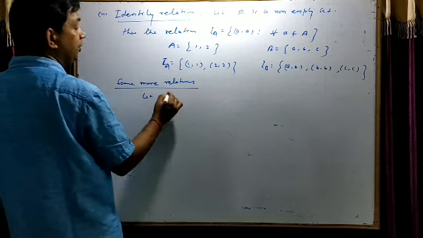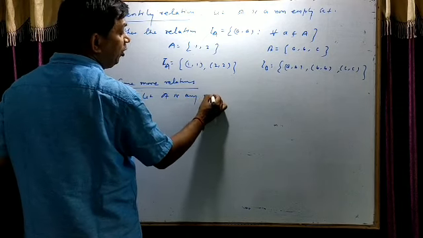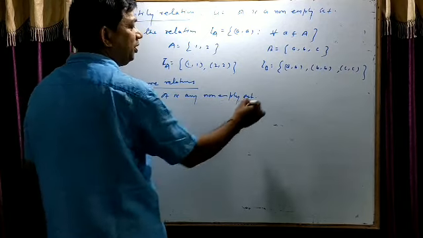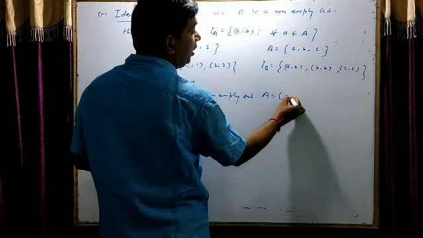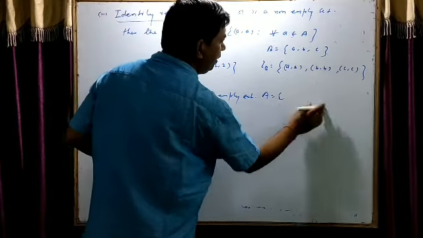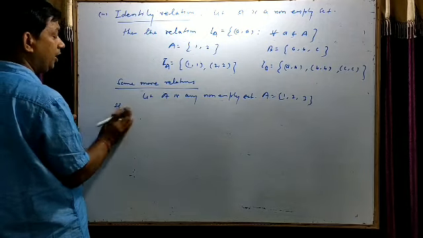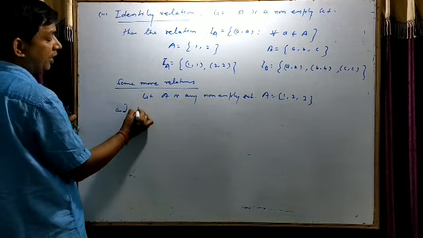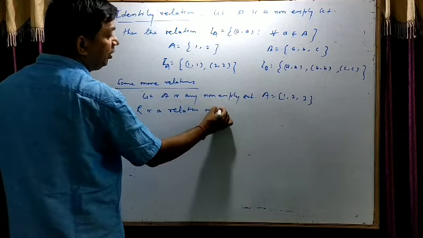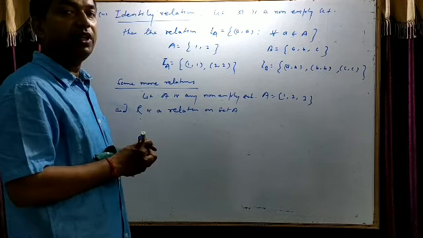Let A be any non-empty set, suppose A is {a, b, c}, or you can say {1, 2, 3}, and R is a relation on set A. What does it mean?